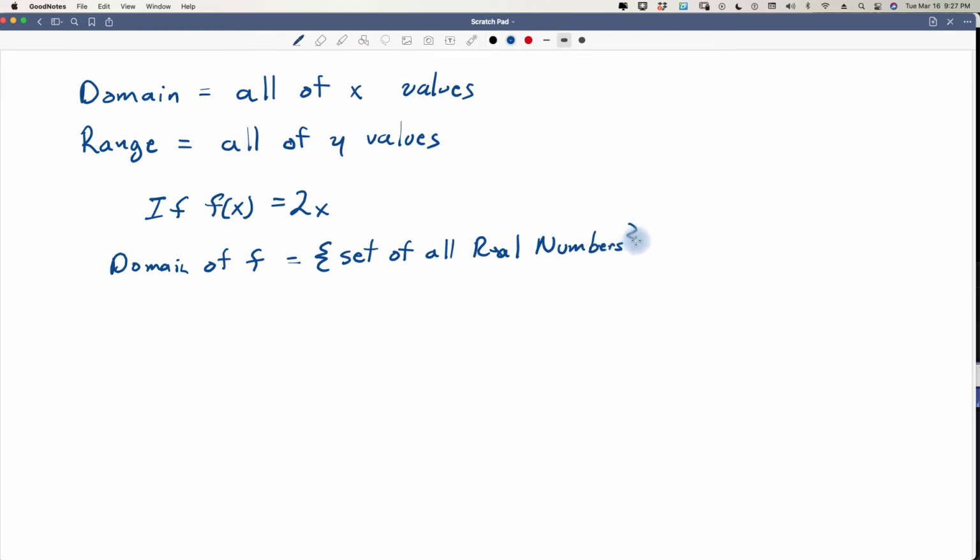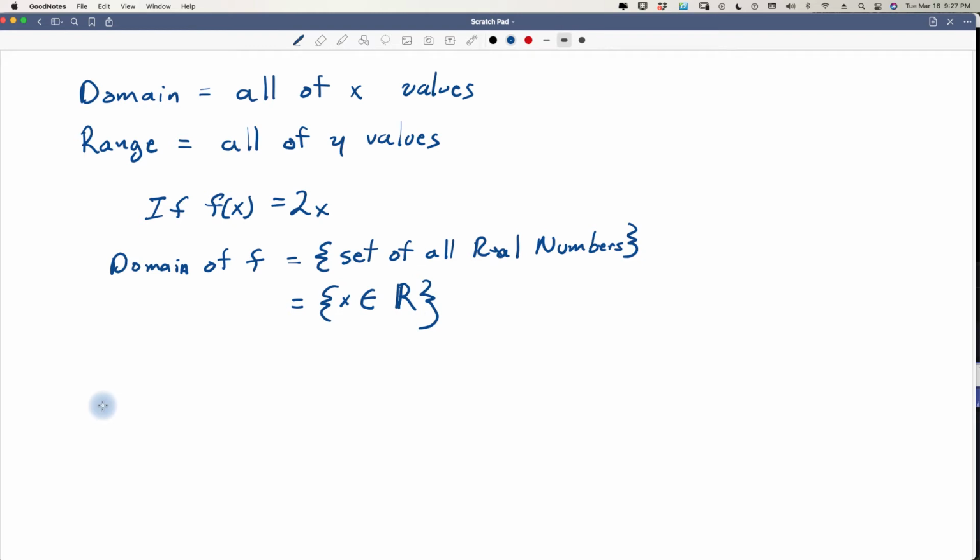All right, I'm going to teach you a shorter way to write all of that. And that is this. The domain, this should be an n, of f equals, here's your little curly bracket, x is a member, we've seen that before, of the set of all real numbers.